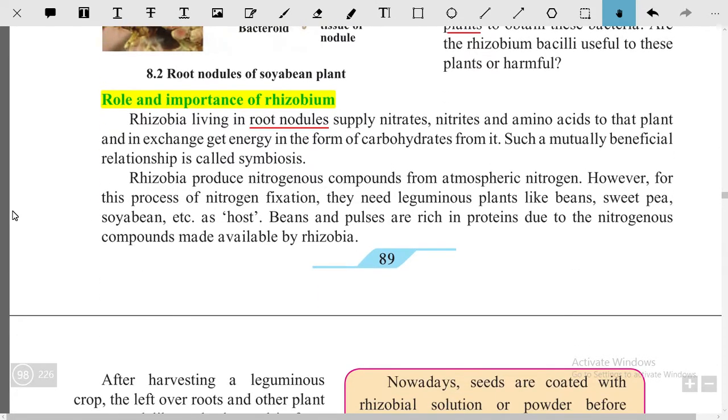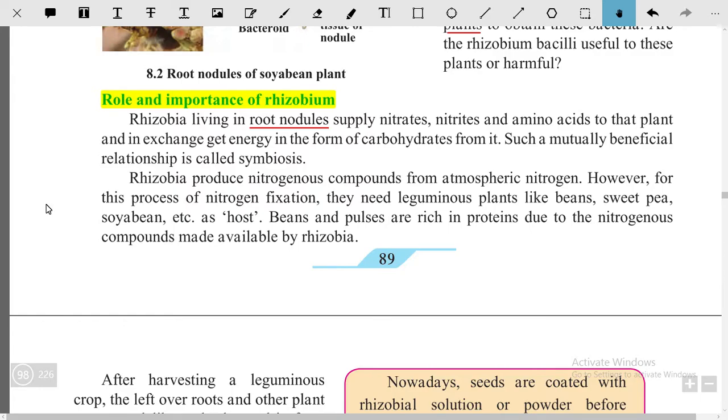Now rhizobia produce nitrogenous compounds from atmospheric nitrogen. That is nitrogen fixation.